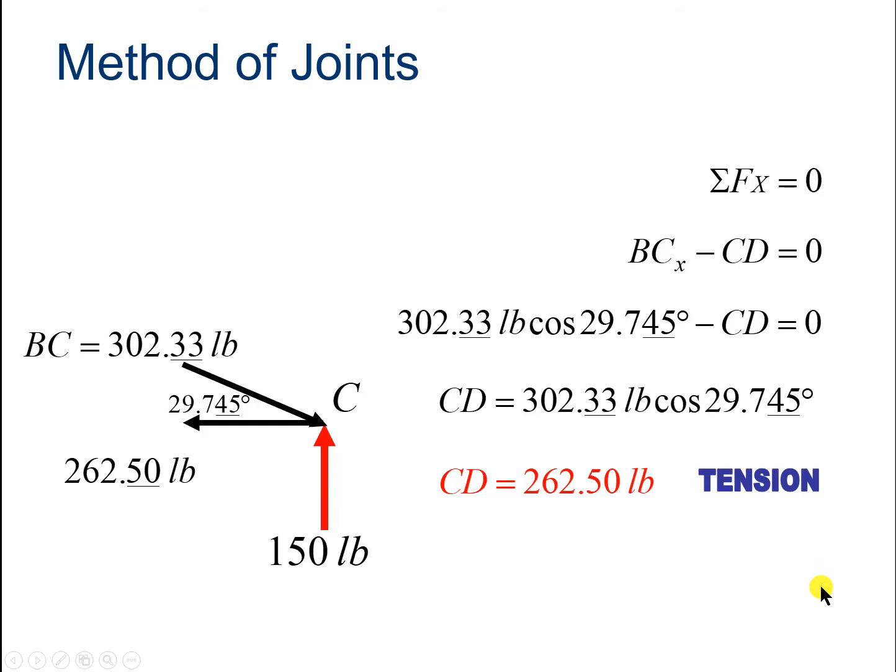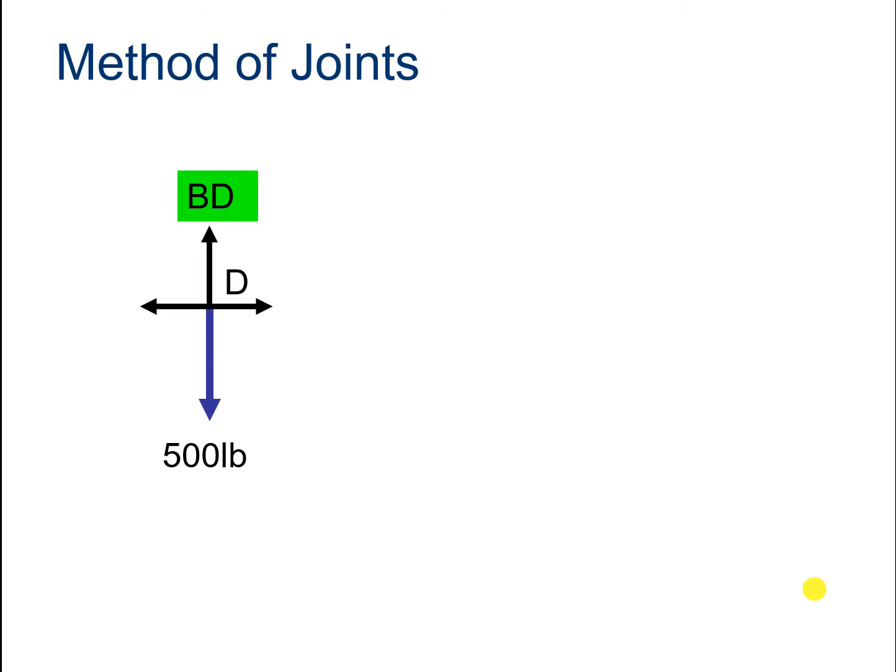I believe joint C is fully understood at this point. I don't think there's any unknowns there. That leaves us with point D, and we don't know what BD is. So we're going to sum the forces in the y direction. So we have BD minus FD.